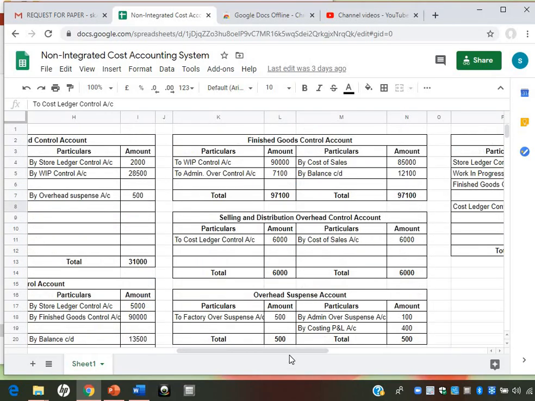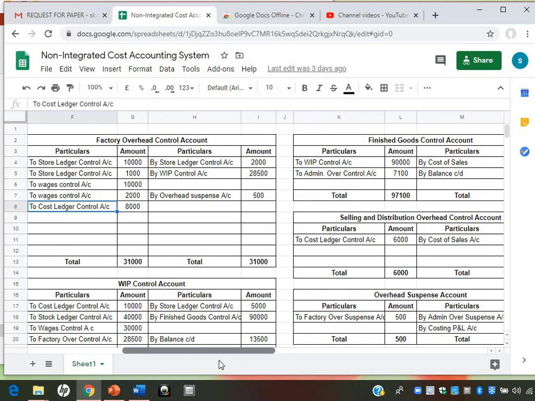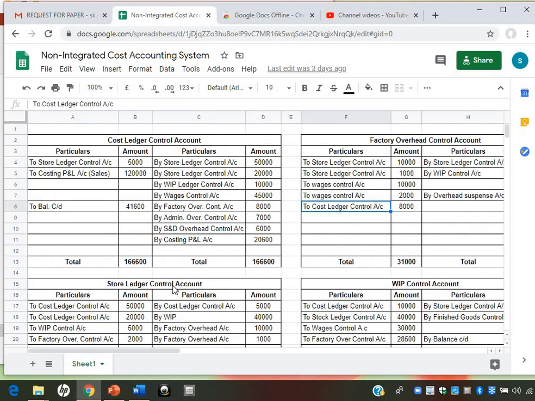Now coming to the cost ledger control account, so this is the cost ledger control account, which accounts for all our personal as well as cash account transactions. So number one, first of all we have purchased material on credit and cash basis, entries recorded here. Then we paid wages in cash, then again 10,000.